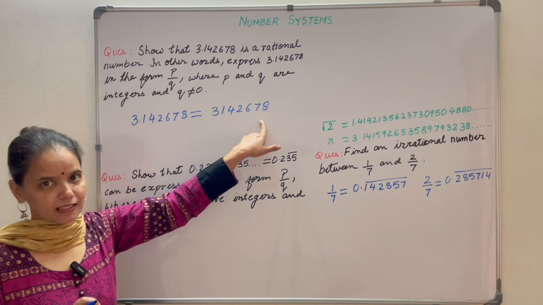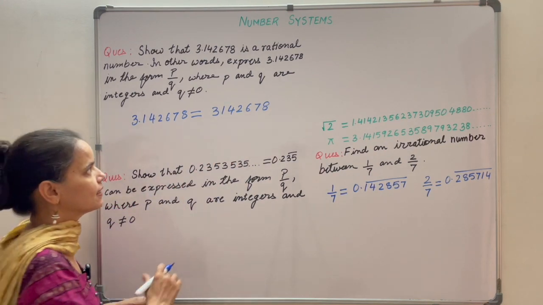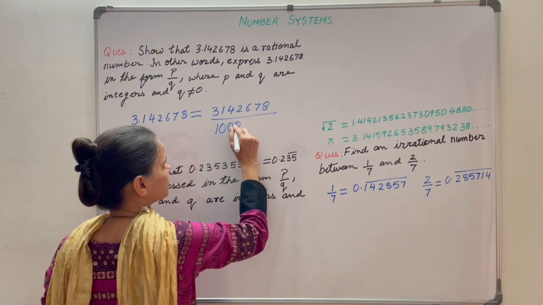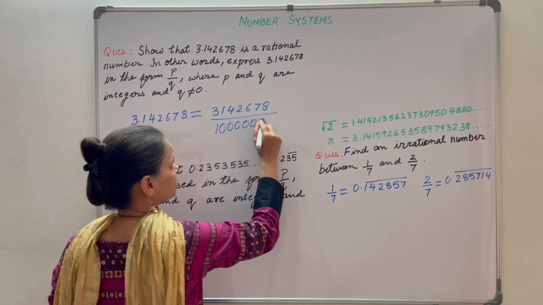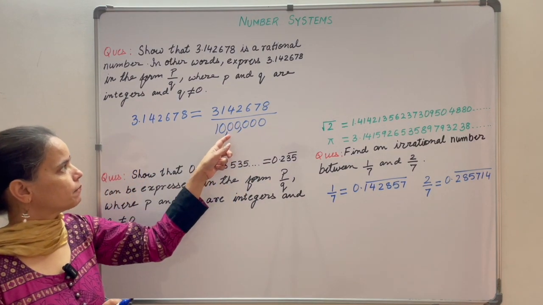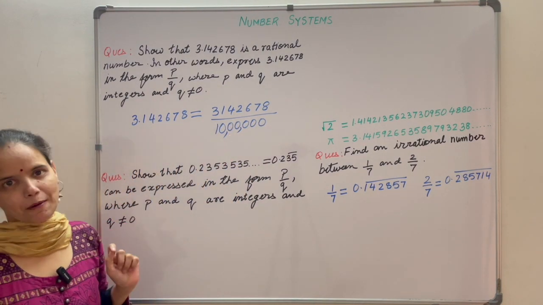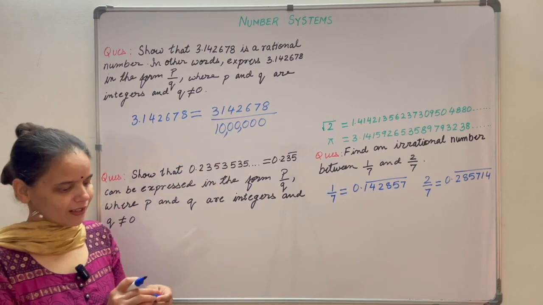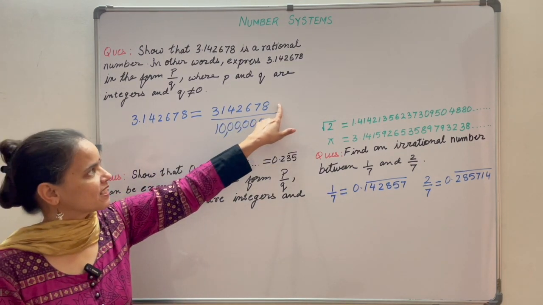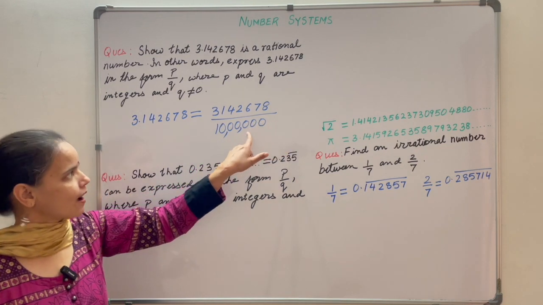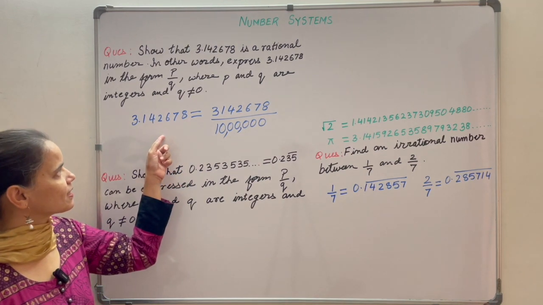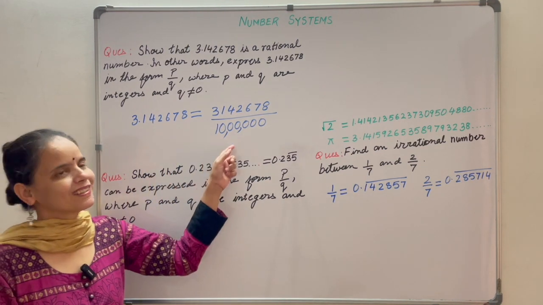So we will divide this number by 10 lakhs, that means it has got 6 zeros. When you divide this number by 10 lakhs, you will get this number again. So you have already written it in p by q form. Here this is an integer, this is also an integer, and the denominator is not equal to 0. So you have expressed this terminating decimal number as a rational number.